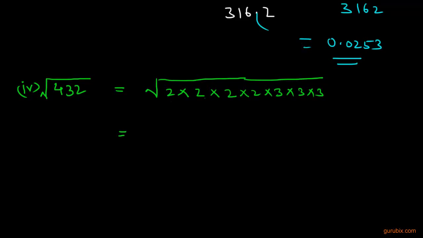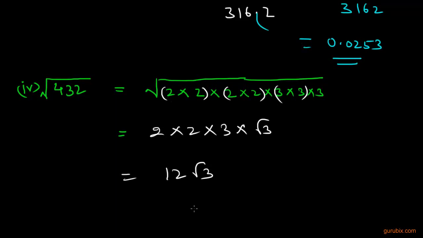Now we can make pairs of these factors like this, and take one factor of each bracket. We get 2 into 2 into 3 into root 3, then it will be 12 root 3.